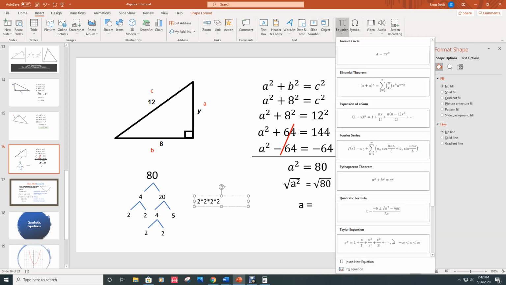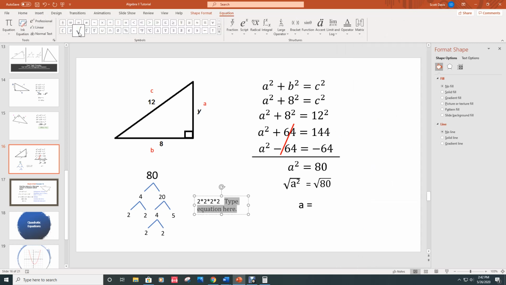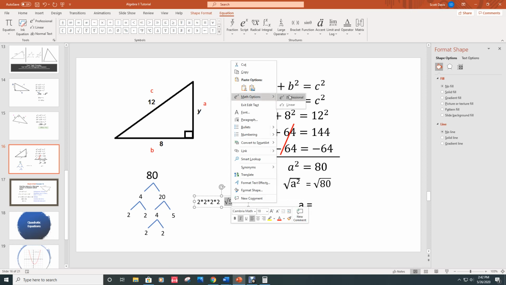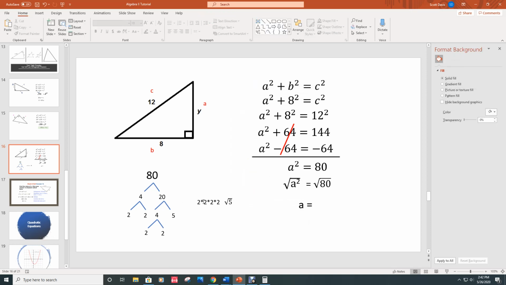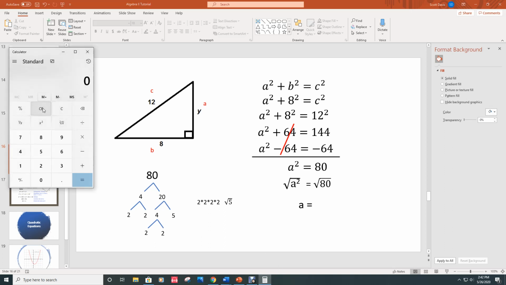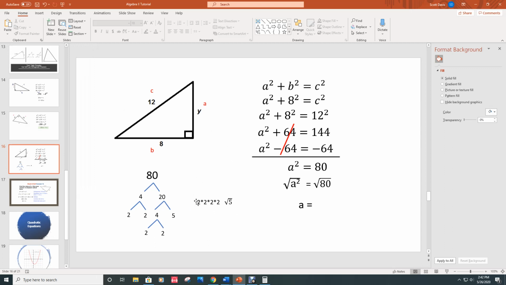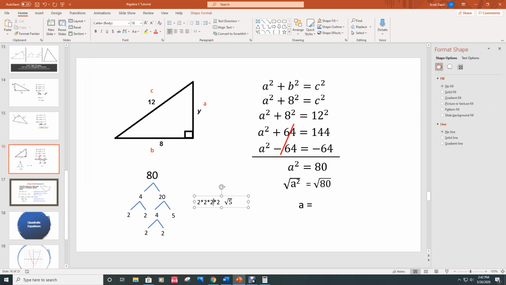So let's get it with a square root around it. Okay, so we have to figure out what this 2 times 2 times 2 times 2 is. So let's see. 16. All right, now this is still going to have a square root though, just so you know.